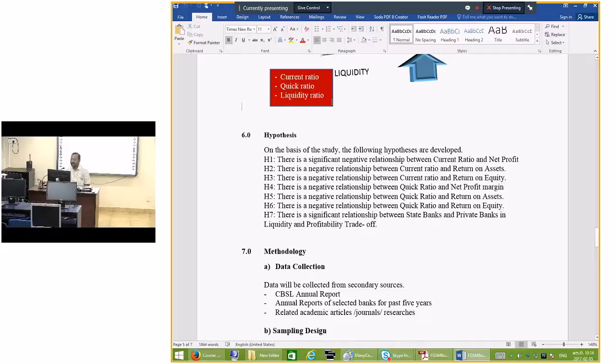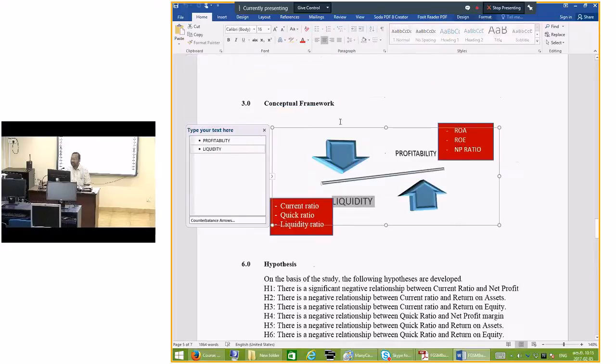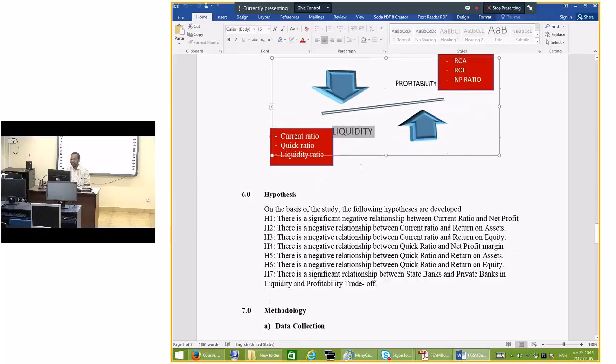Then liquidity is what? You have three figures. Which one is your liquidity? Is that the average of these three?